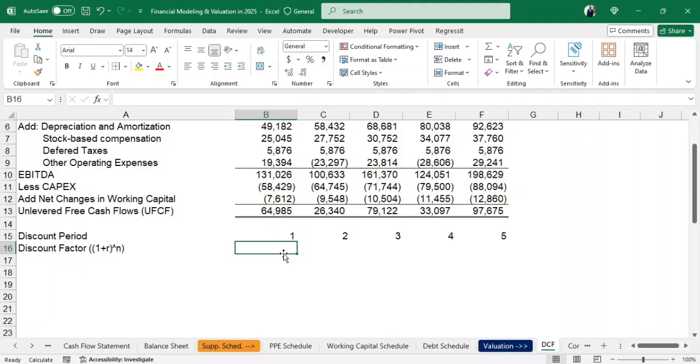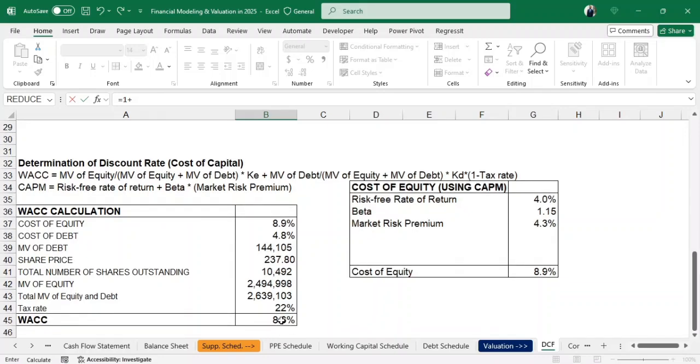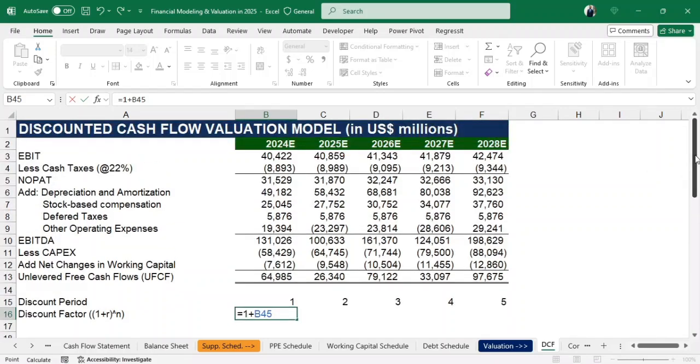All right, so I'm going to have equals 1 plus R. Our R is the WACC we have calculated, which is 8.6 here. So I'll reference that. And this will be in brackets, raised to the power our period, which is 1 here.